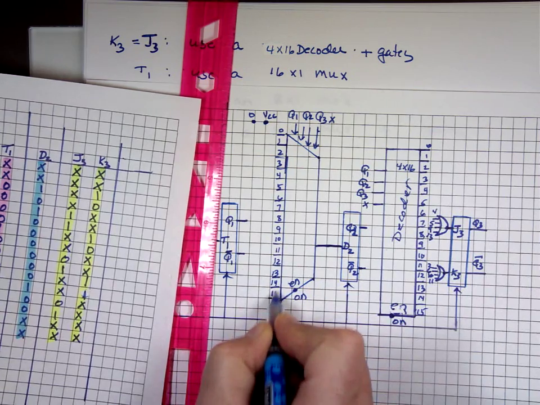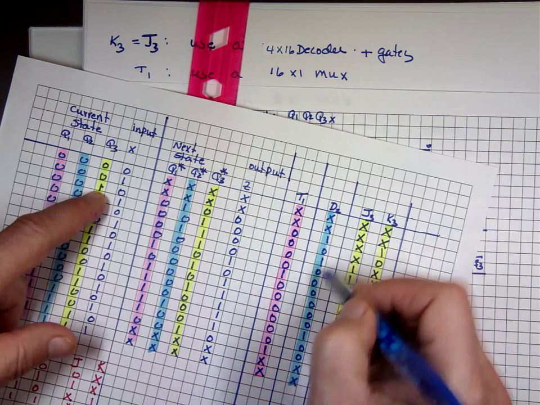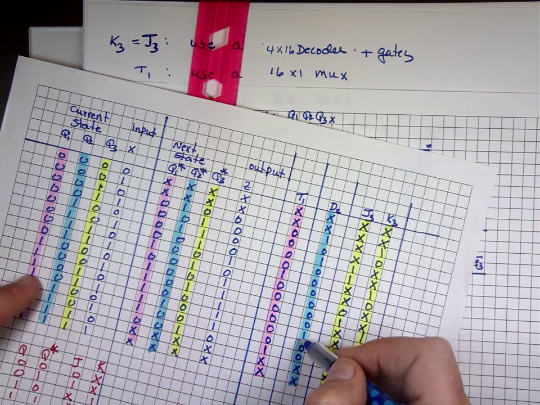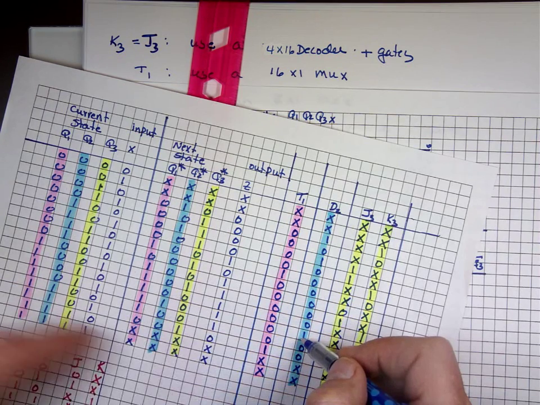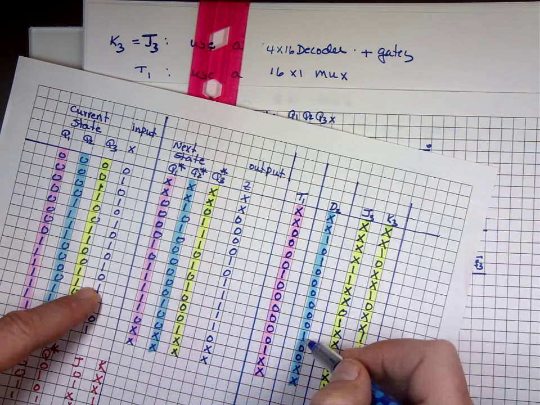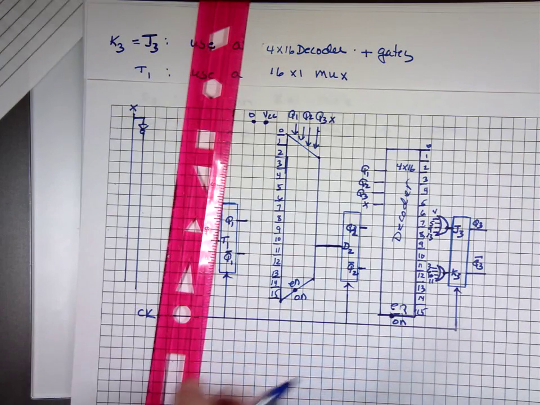I need pin number what? 2, 4, and this one is 1, 0, 1, 1, right? 2, 4, and 11. 2, 4, and 11 attached to VCC.